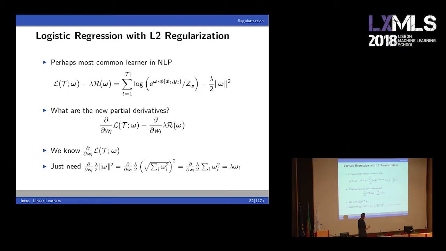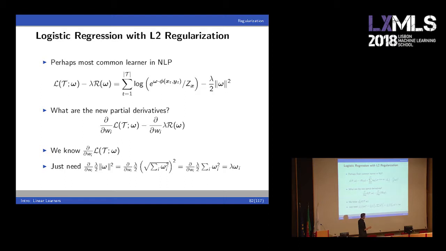That way we make sure that the logistic regression objective, which on its own just maximizes the log likelihood of the training data, has something that prevents overfitting by adding or subtracting this term. All we have to do in the gradient ascent or gradient descent is take the derivative of this new term, which is very simple.